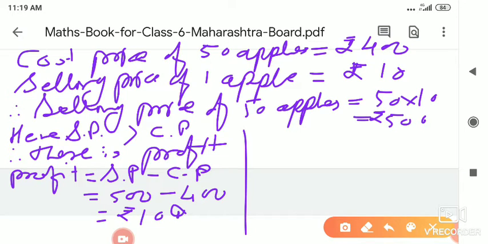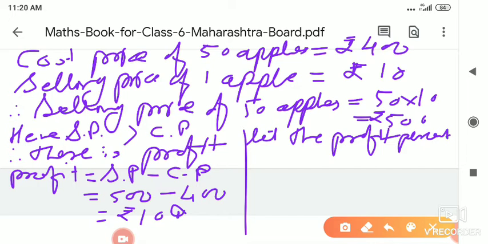So here 100 rupees profit is there, and now we have to find out the profit percent. Let the profit percent be y. So we have to solve the example. So y upon 100 is equal to, means for 100 he got the profit of y.